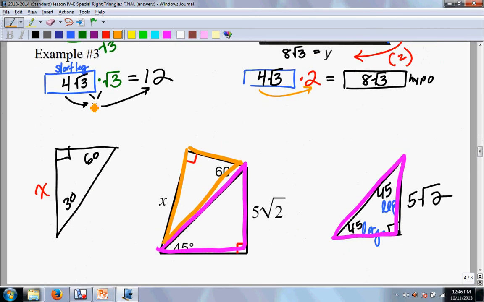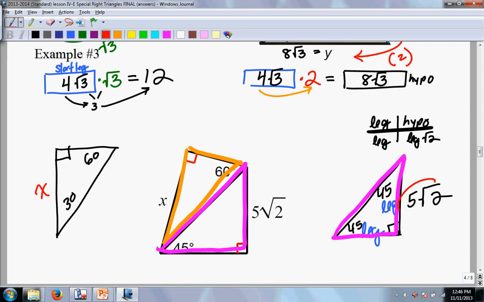So we know in a 45, 45, 90 triangle, put your little table here, the legs are both equal, so I'm only going to put down the 1, that the legs are equal, and the hypo is whatever the leg is times root 2. That's your 45, 45, 90 table.